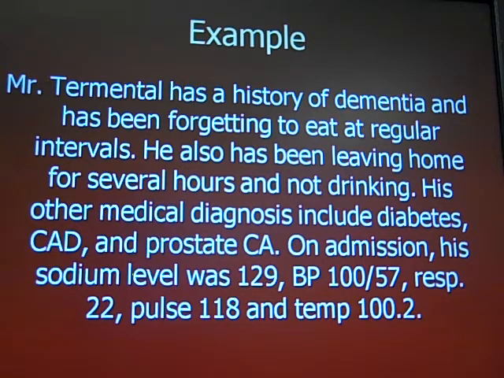His other medical diagnoses, things that happened in the past but are certainly going to play a role in how he gets better, include diabetes, coronary artery disease, and prostate cancer. On admission, his serum sodium level was 129. So that gives him that very vital piece of background information. We told him he had hyponatremia, and now we have backed it up with a level.